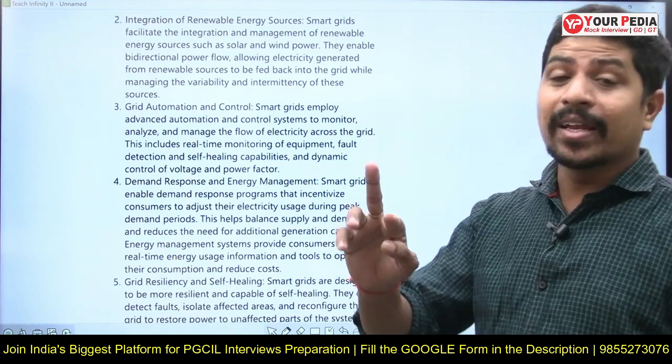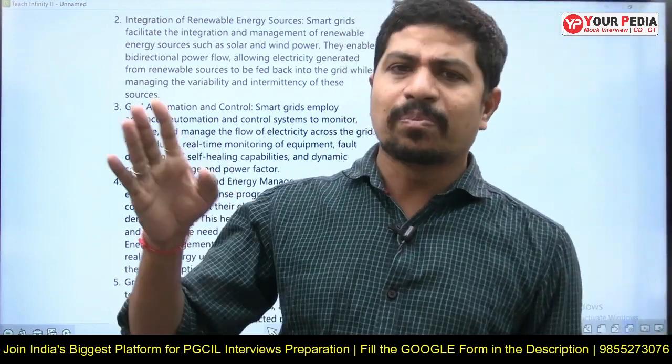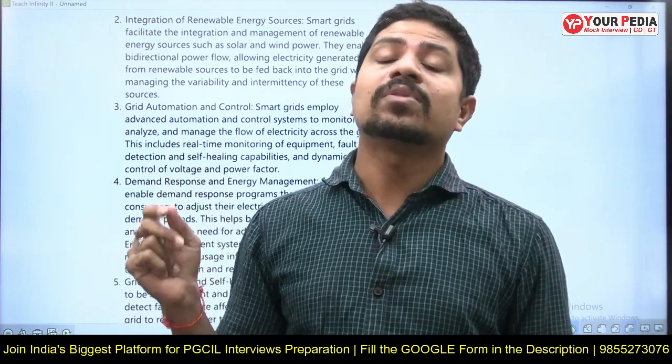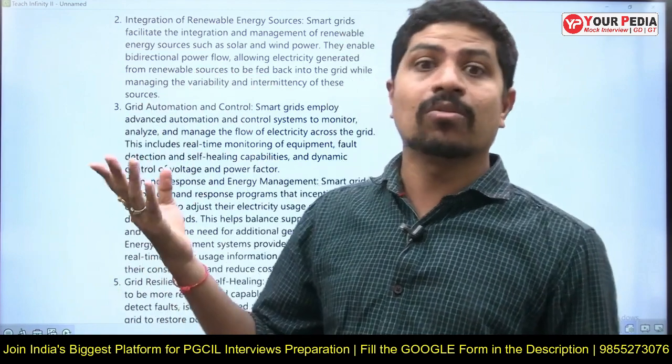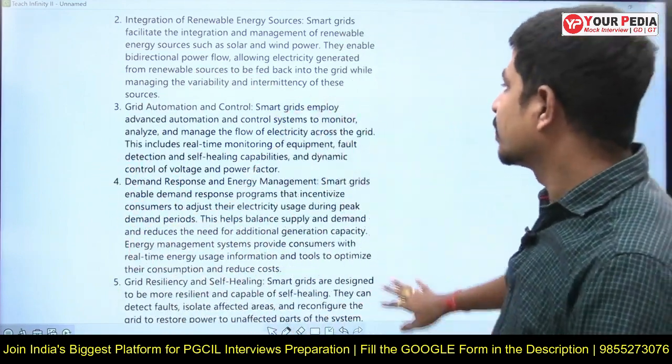Suppose power is generated from a wind station and fed back to the grid. But sometimes the wind station may require power, therefore power will flow from the grid to that station. It's a bidirectional flow that is possible only with a smart grid, right?